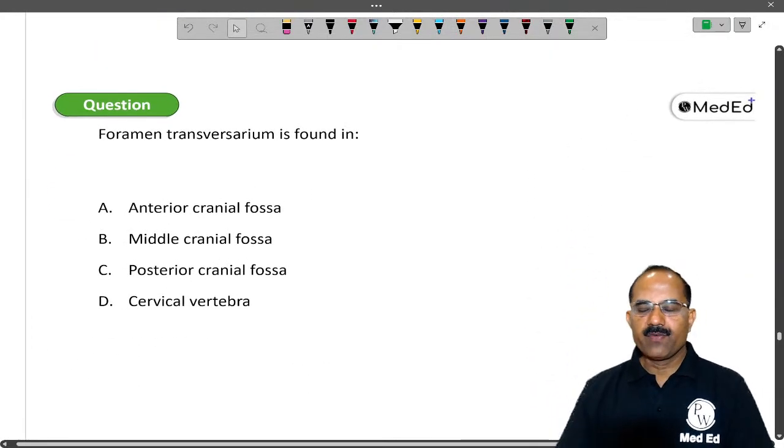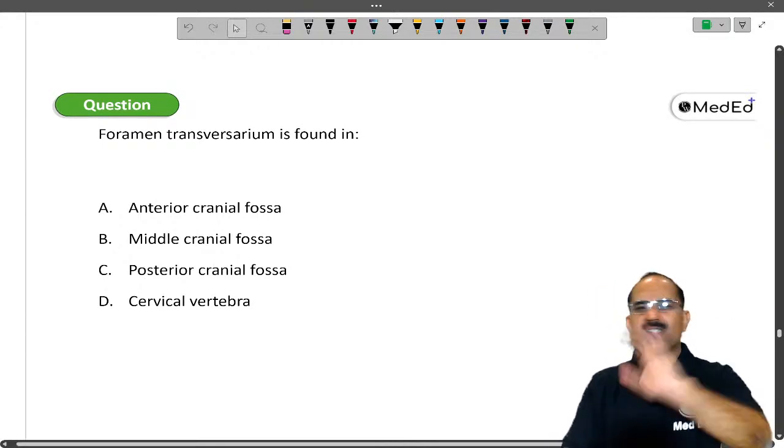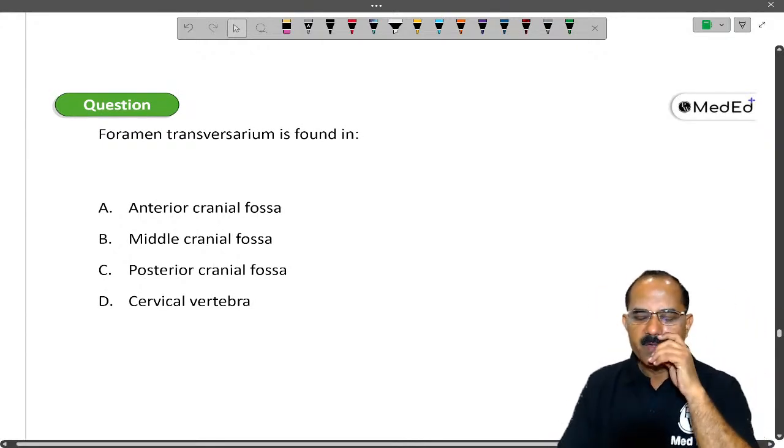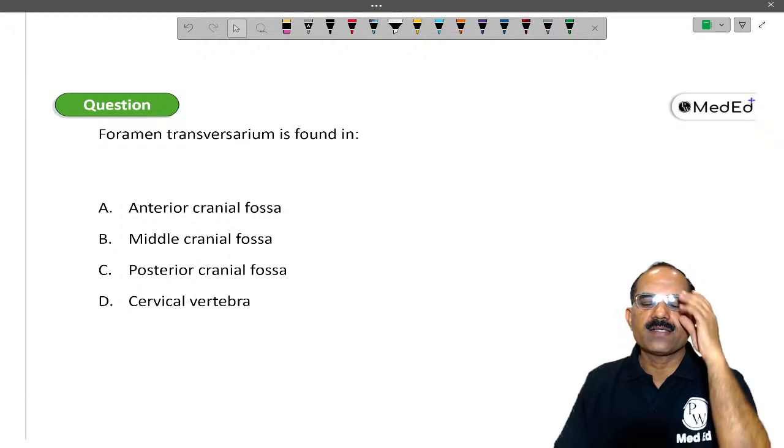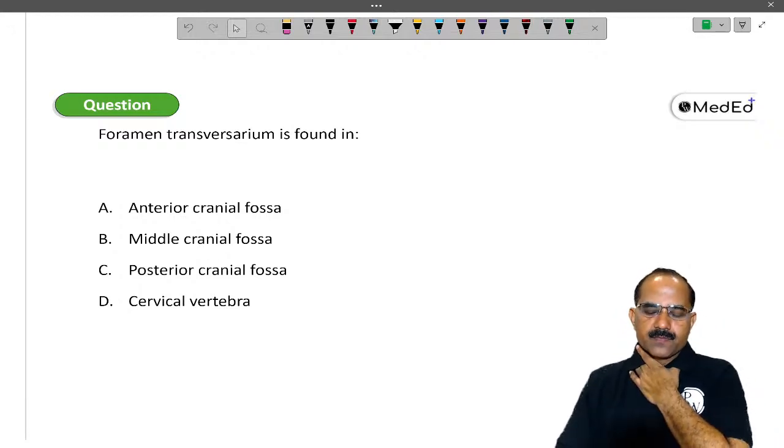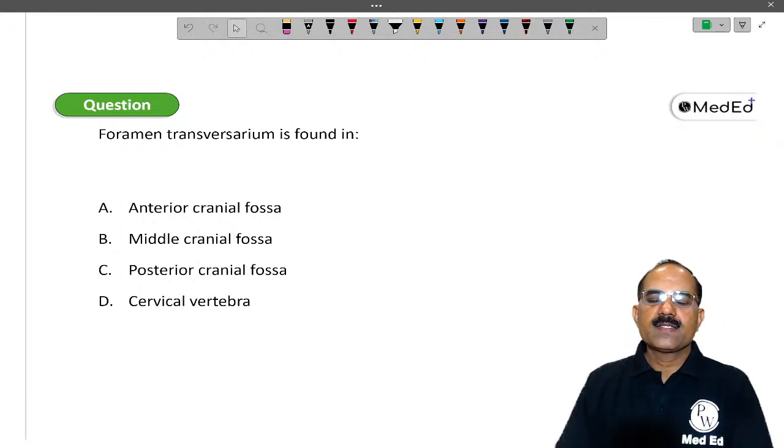Answer this. Foramen transversarium is found in. These are very easy MCQs, children. Very easy MCQs. Foramen transversarium is seen in. Any guesses?